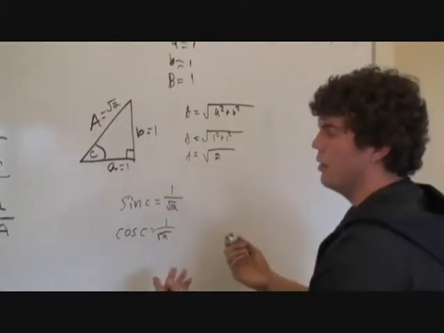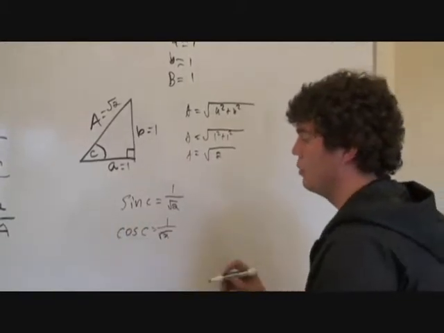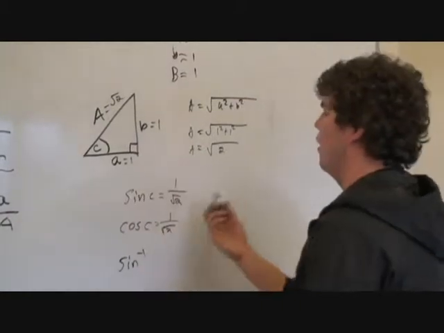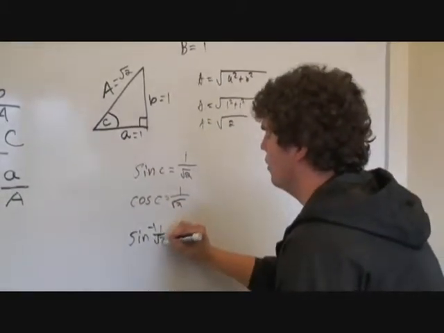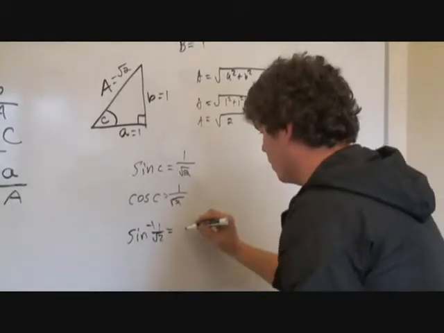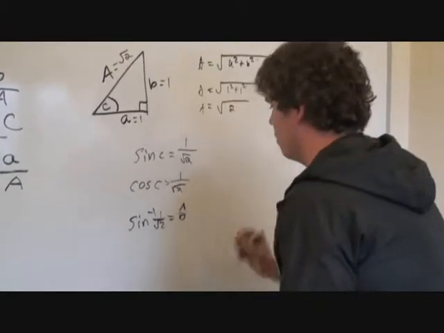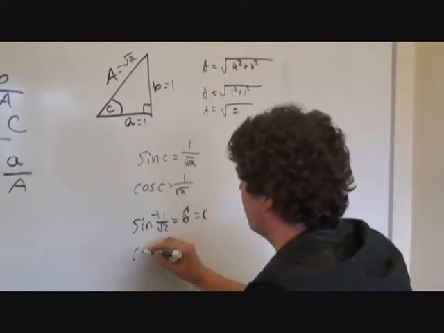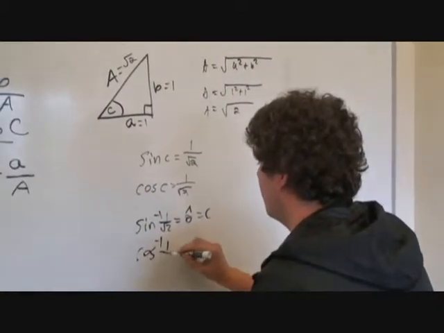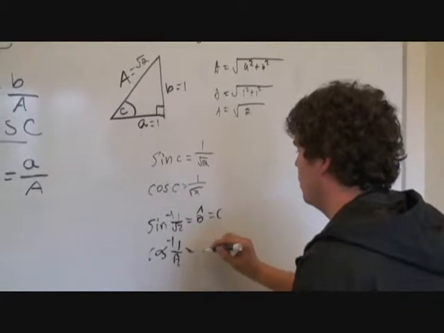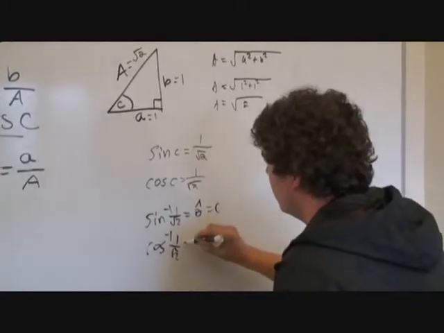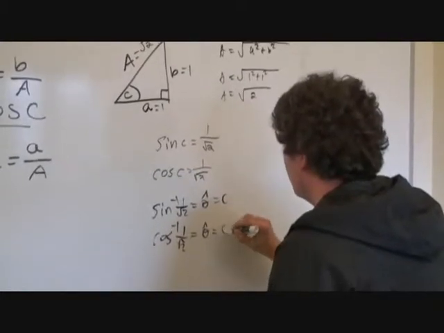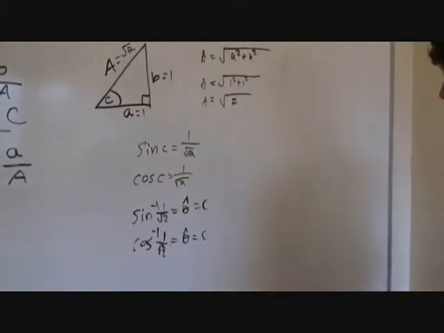So to find C, which is an angle, we find the arc sine of 1 over rad 2, which will equal our theta, our reference angle, which will ultimately equal C, and our arc cosine of 1 over rad 2, which will equal theta hat, which will be C as well.